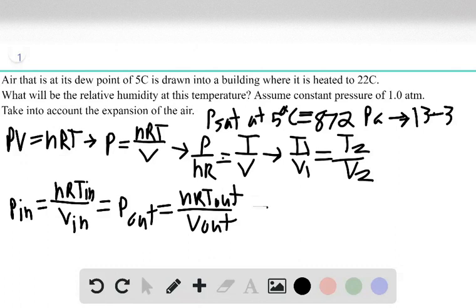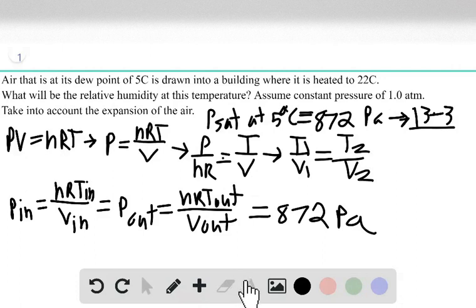And that's going to equal, at 5 degrees Celsius, dew point means it's basically the saturation pressure. And if we look at table 13.3, we have the saturation pressure of 872. Okay, so that's going to be the pressure.